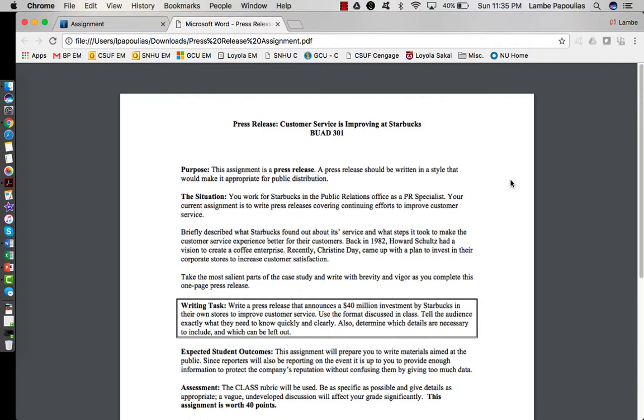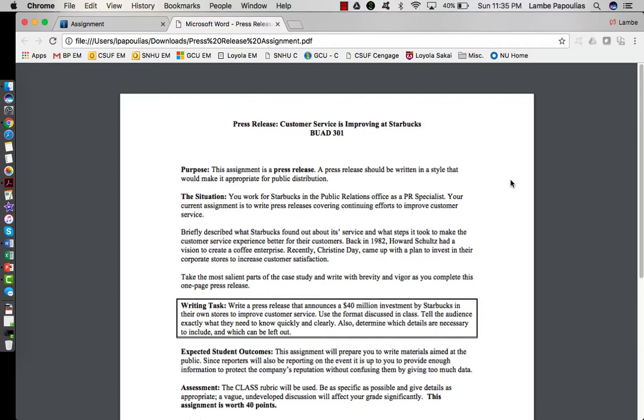So take the most salient parts of this case study and write with brevity and vigor as you complete this one-page press release. So your writing task: write a press release that announces a $40 million investment by Starbucks in their own stores to improve customer service. Use the format discussed. Tell the audience exactly what they need to know quickly and clearly.